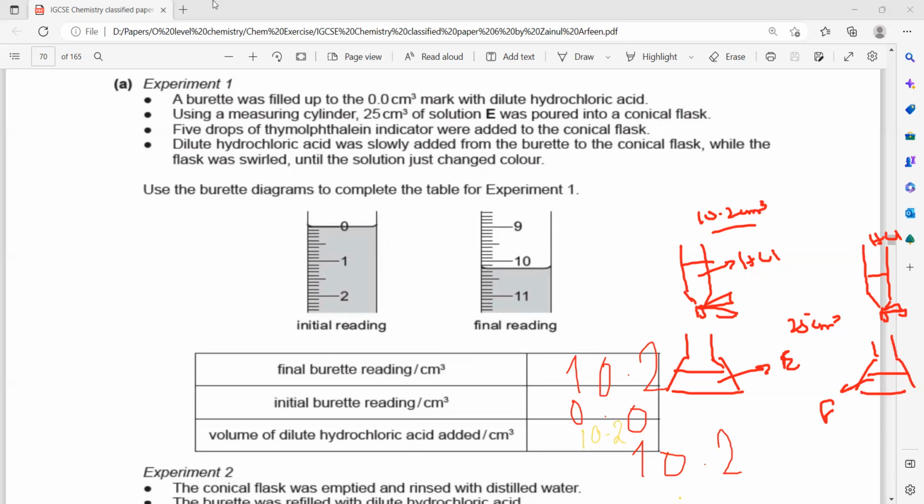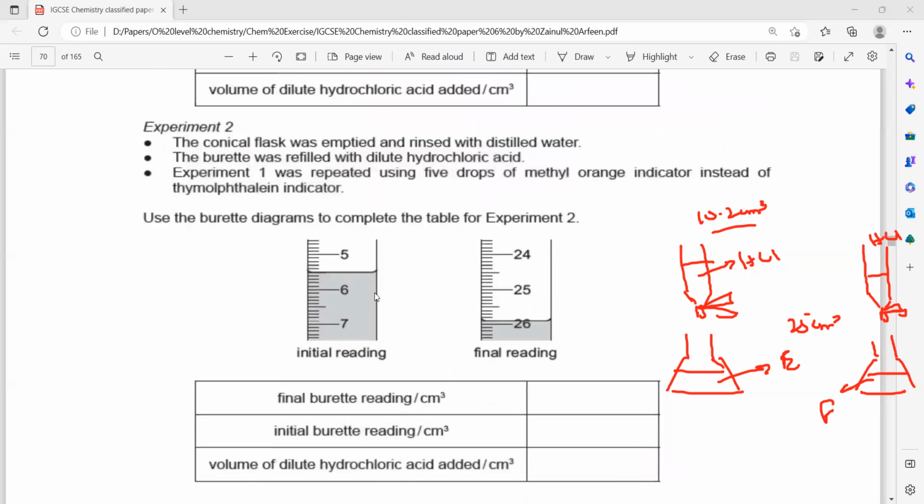Now we did the experiment, and a few drops of thymolphthalein indicator was used here. Then we did the experiment again, refilled, and used methyl orange. In experiment 2 we use methyl orange.